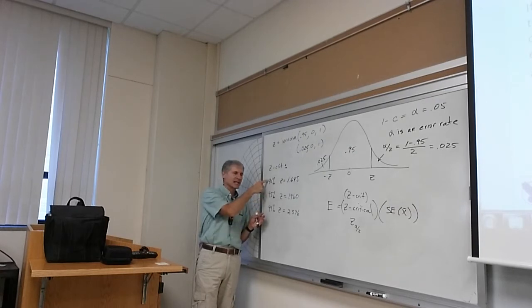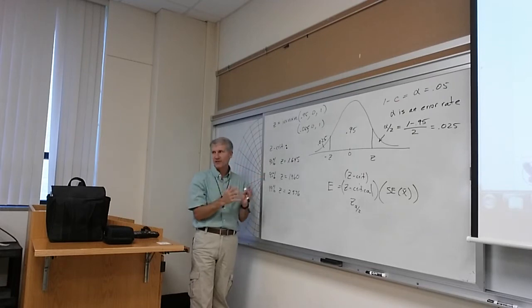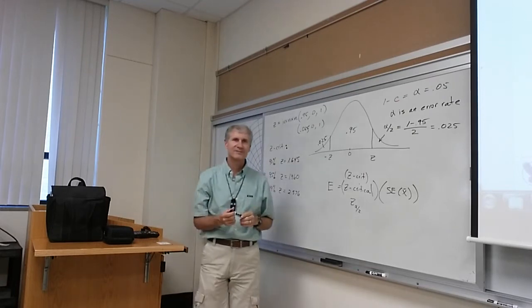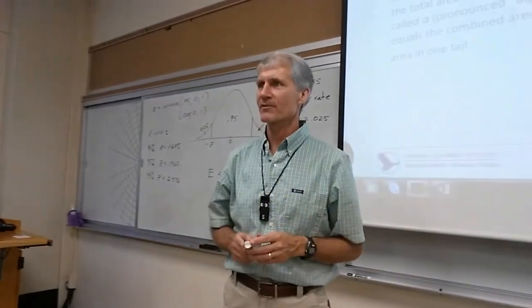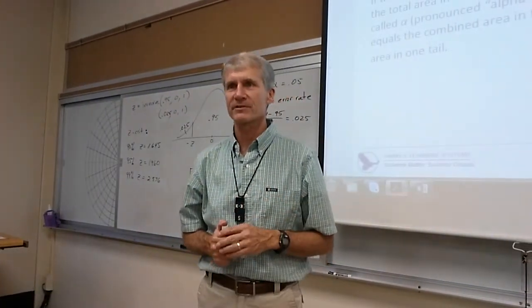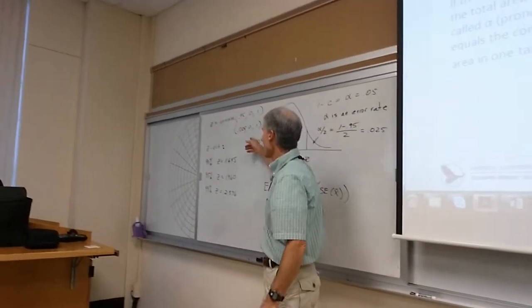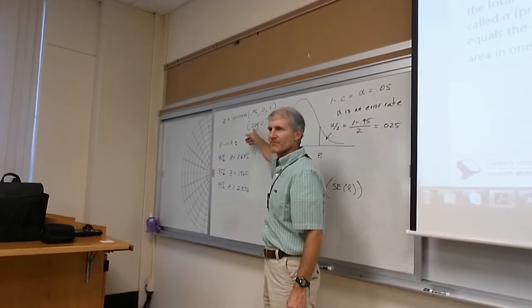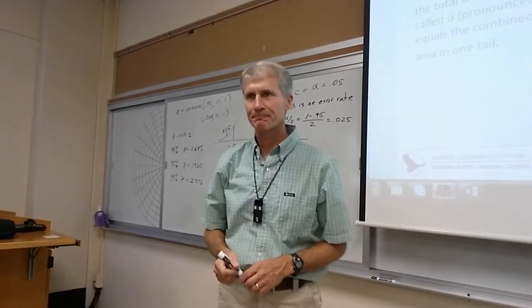Once in a while we'll do 90, once in a while we'll do 99, and pretty much never do anything different. But on the homework, they're going to ask you to do odd ones like 98% confidence interval or 96% confidence. But now you know how to get the critical value. You just put in half the leftover area into your inverse norm, and you'll get the critical value. Okay?